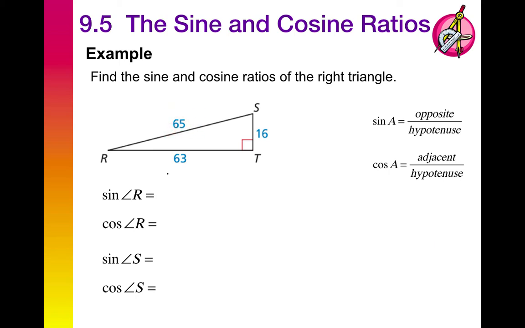That's going to be 16 over 65. The cosine of angle R is going to be the adjacent over the hypotenuse. So we'll write that one, and that will be 63 over 65.